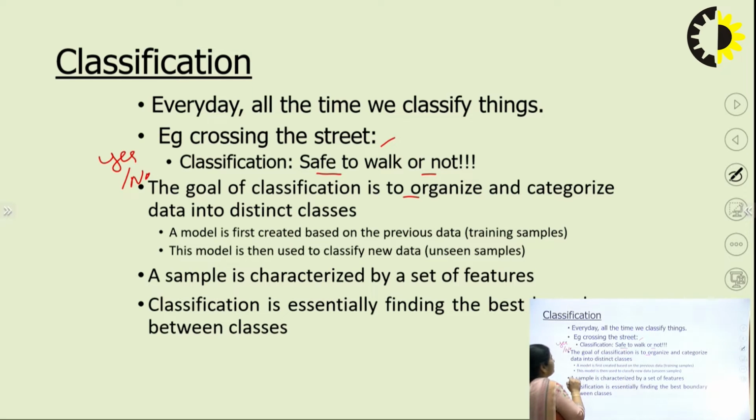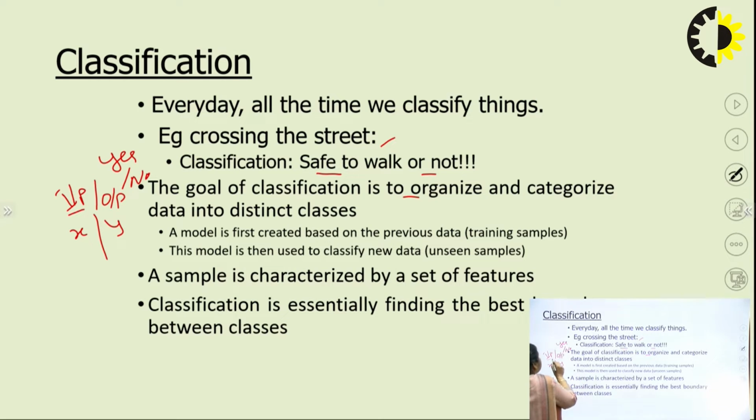So what is classification? The goal of classification is to organize and categorize data into distinct classes. A model is first created based on the previous data, and this model is then used to classify new data. We are given some training examples. In those training examples, we are given the previous data. According to the previous data, we see that when there is some input, what the output is. So in classification, we have input and output pairs. Classification is a supervised learning method.